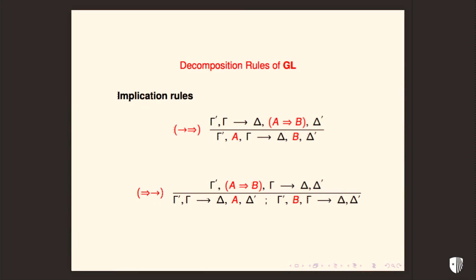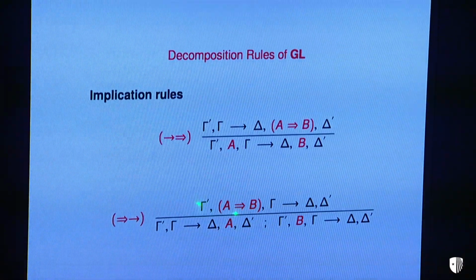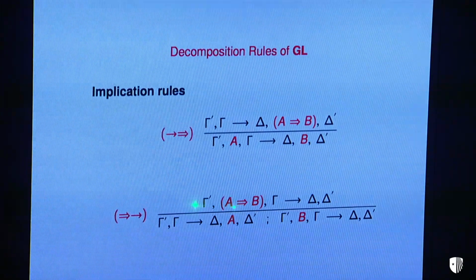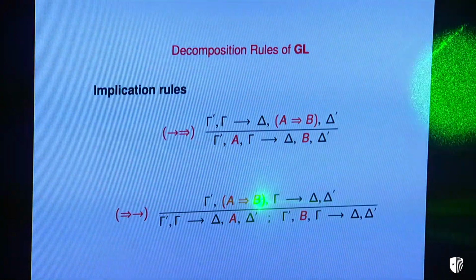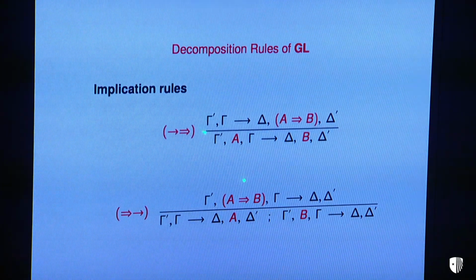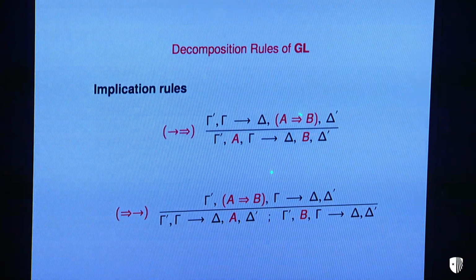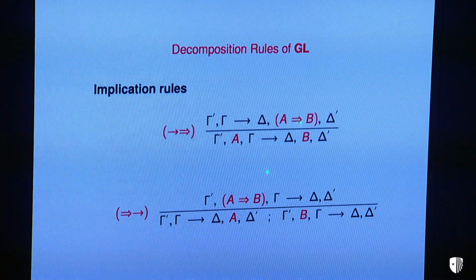If you want to find the first formula on the left side, you traverse from left to right. That is the difference. For this type of rule, you have to traverse from right to left to find that implication.